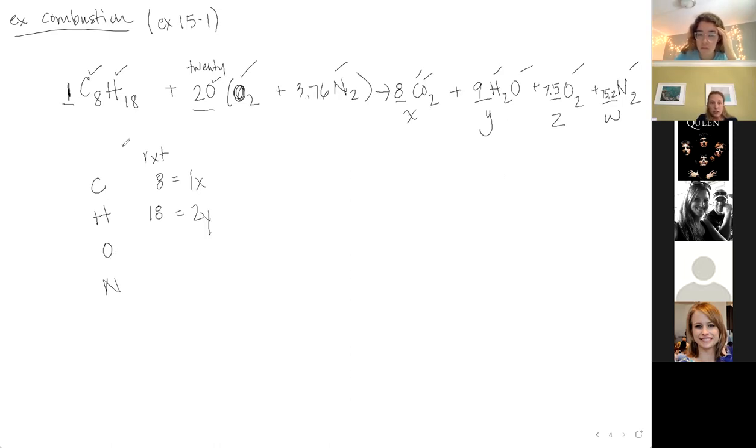For my oxygens, I know I have O2 that is 20 kilomoles, so I have 20 times 2 on my reactant side.